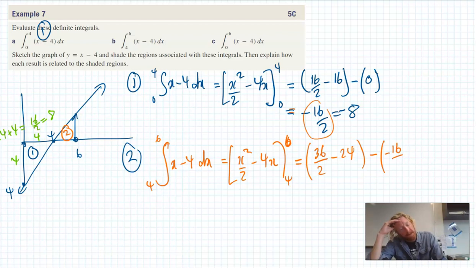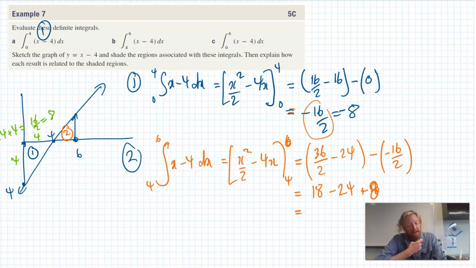So 36 on 2 is 18, minus 24, plus 8. 18 plus 8 is 26, minus 24, which is 2.